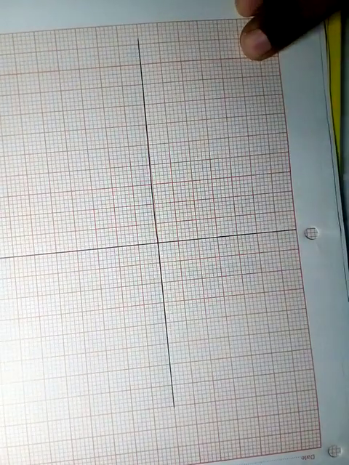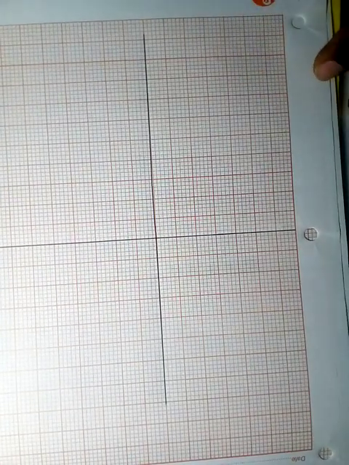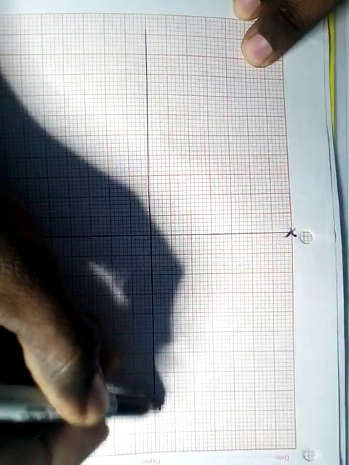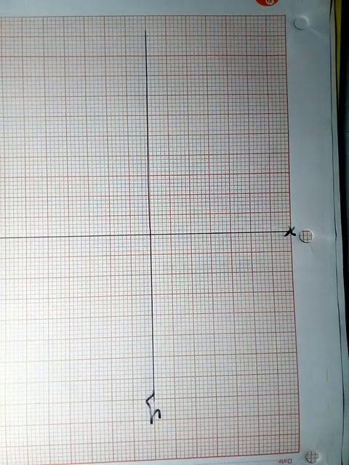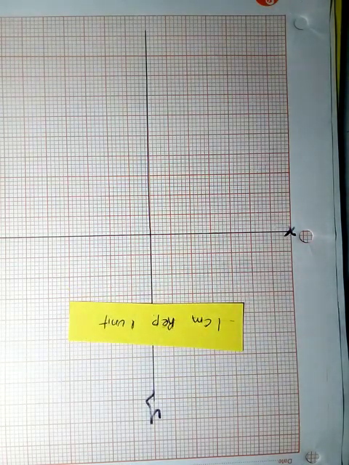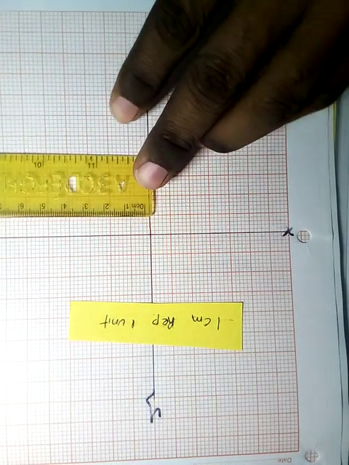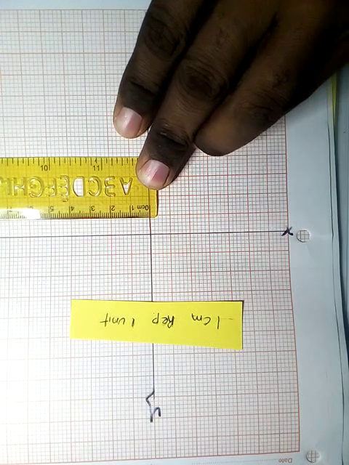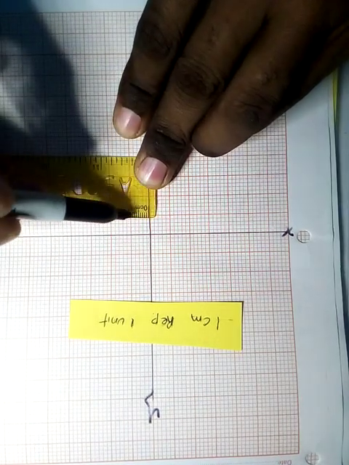Okay, so let's develop an understanding of scales. On your Cartesian plane, we might have our x-axis and our y-axis, and we are given suitable scales at times. For example, if you are given a scale of 1 centimeter representing 1 unit, from earlier class we recall that the distance between the brighter lines on the grid paper measures 1 centimeter.